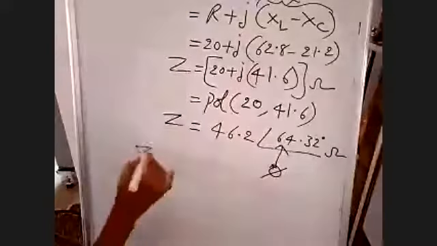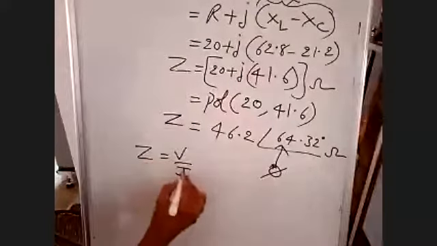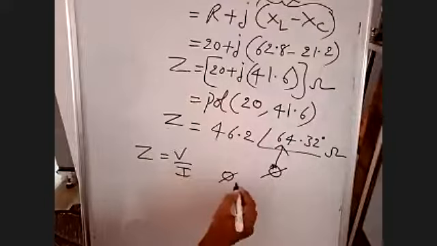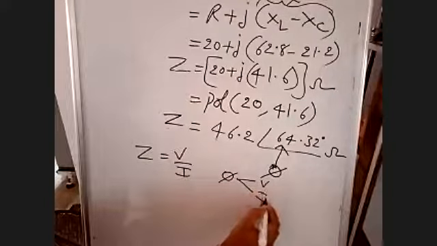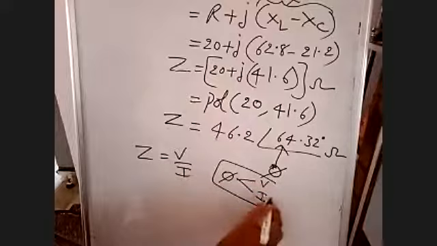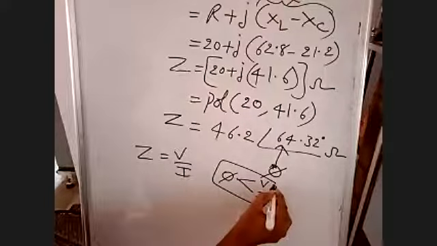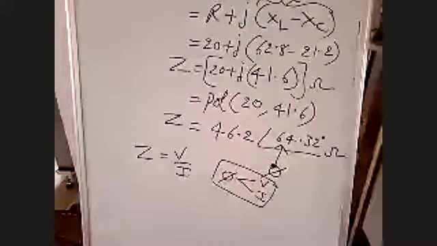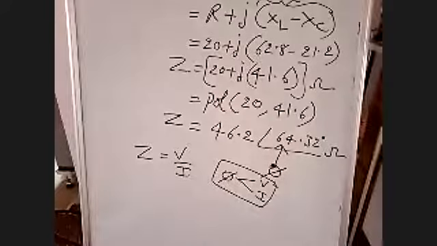Why? Phi is the angle between voltage and current. I have already told you when drawing the phasor diagram.